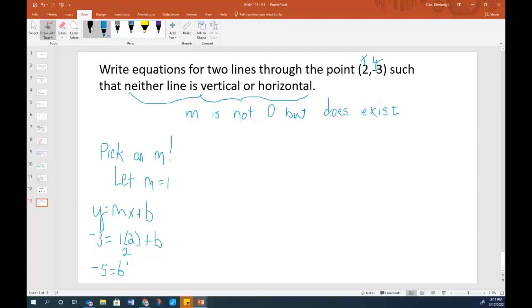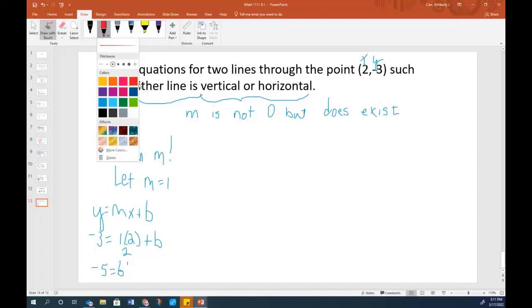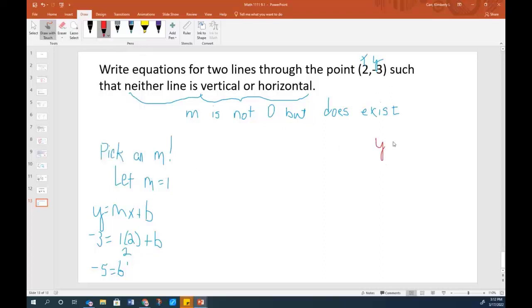Okay, so that means one of my equations, then I could easily write now, I can go back and I'm going to put in the m I picked, so y equals 1x minus 5. So see, that's my y equals mx plus b with my understood 1 and the b I just solved for.